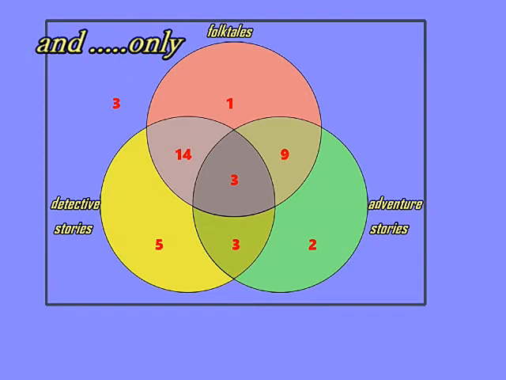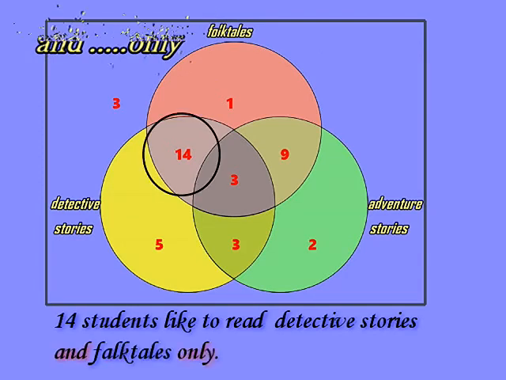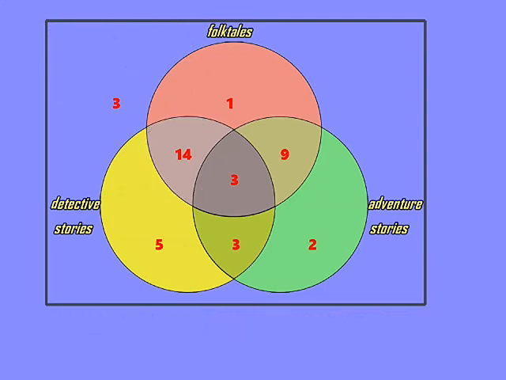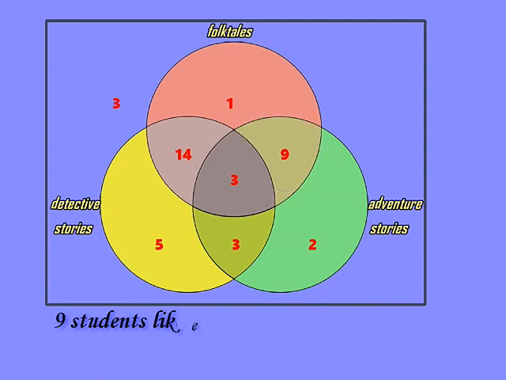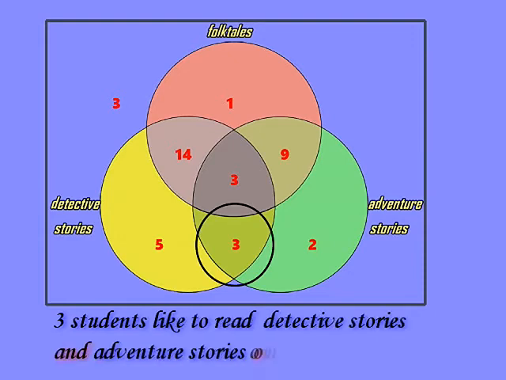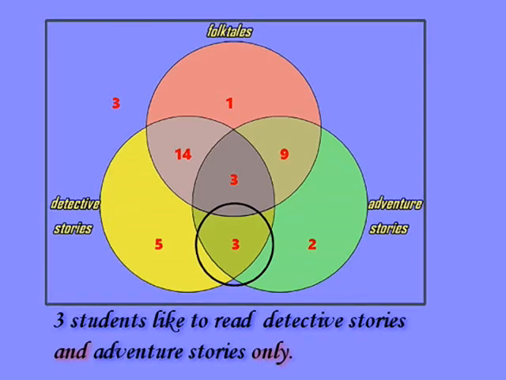Let's say about it. 14 students like to read detective stories and folk tales only. 9 students like to read adventure stories and folk tales only. 3 students like to read detective stories and adventure stories only.